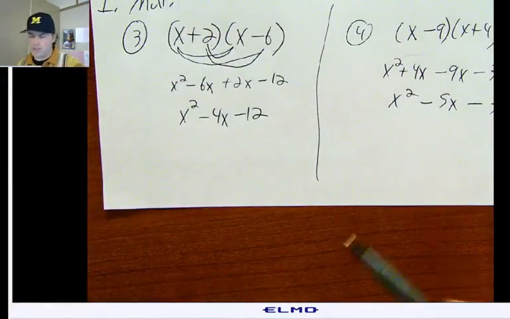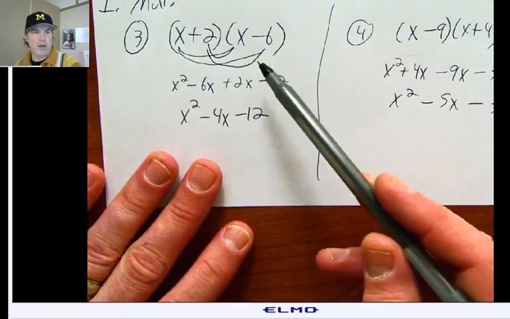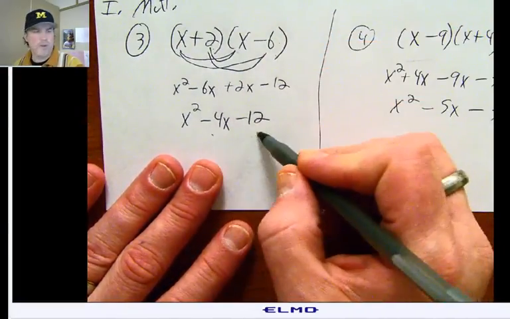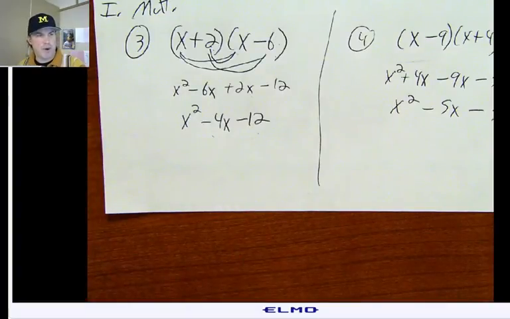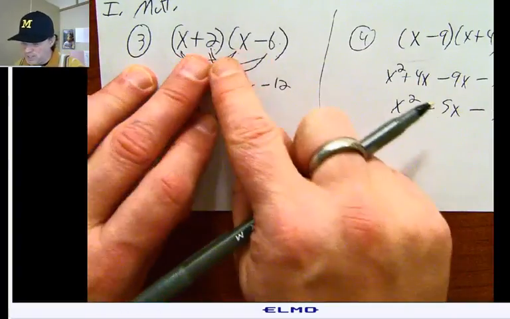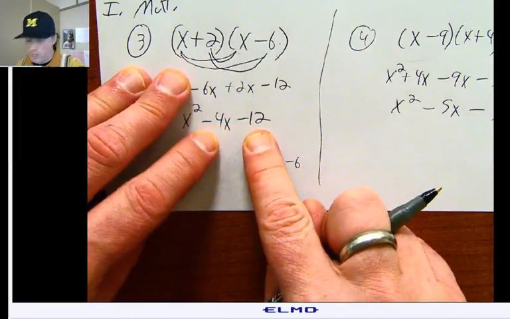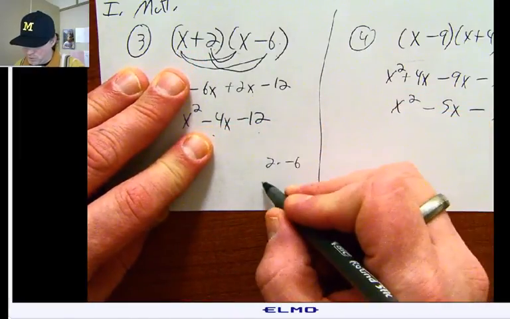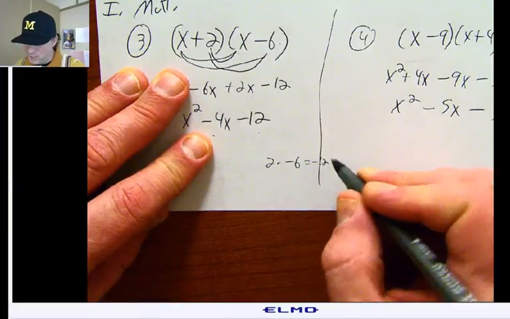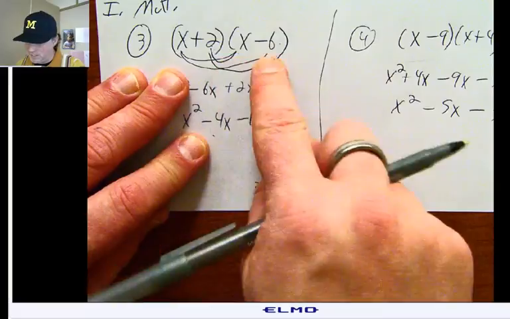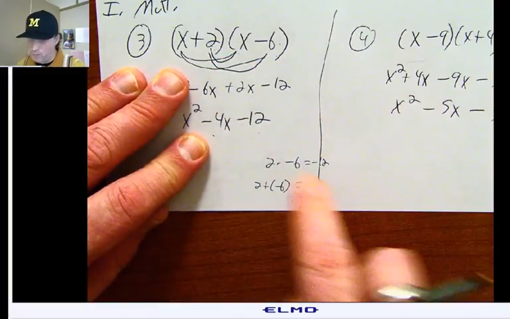Using these as your answer, when you compare the 2, the negative 6, the negative 4, and the 12, and you try to figure out some form of patterns, what I notice is that 2 times negative 6 is negative 12, and at the same time, 2 plus negative 6, if I add these two numbers together, I get negative 4.